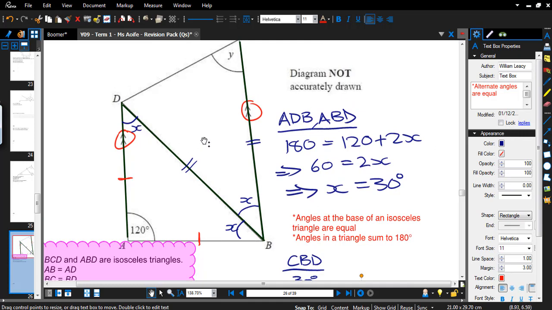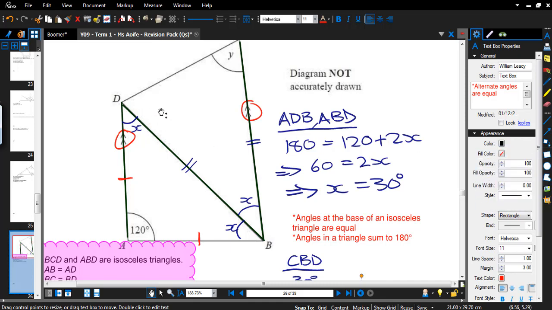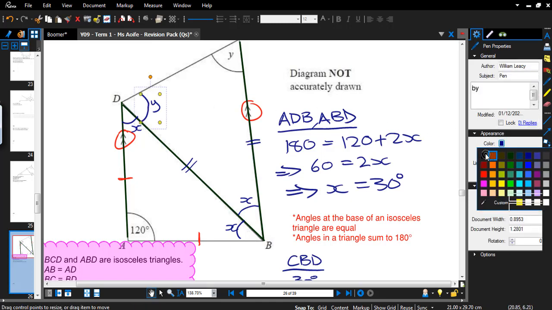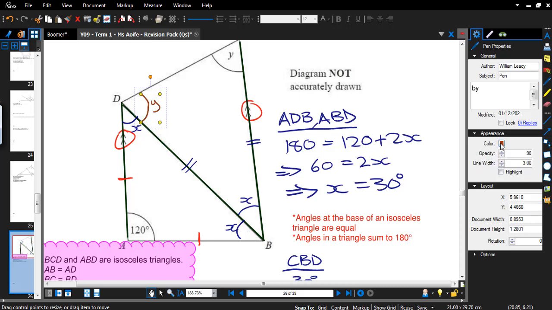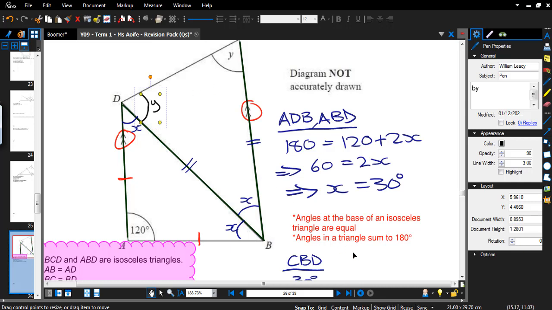So what else do you want? Why? So you know, this is an isosceles triangle. You know this is also y. We know that's y. So I'm going to put it in black because it's easier to see. Color coordinate. So you know that's also y because it's an isosceles triangle.